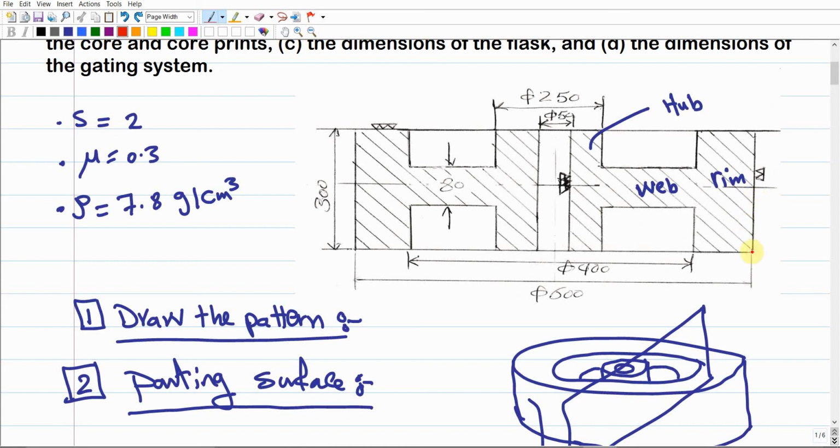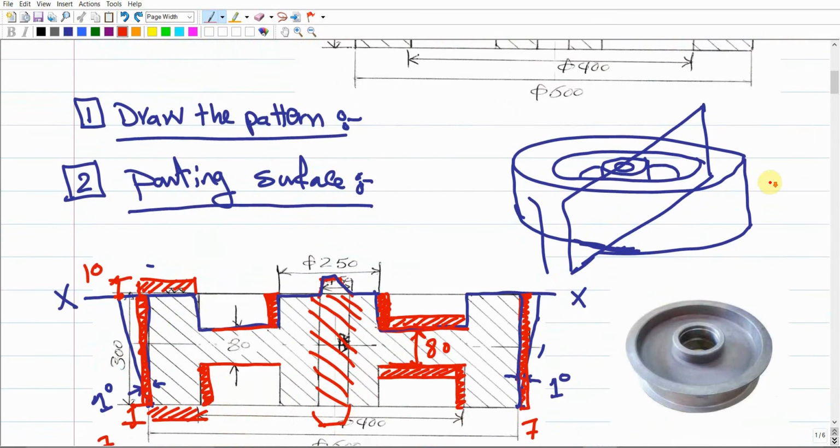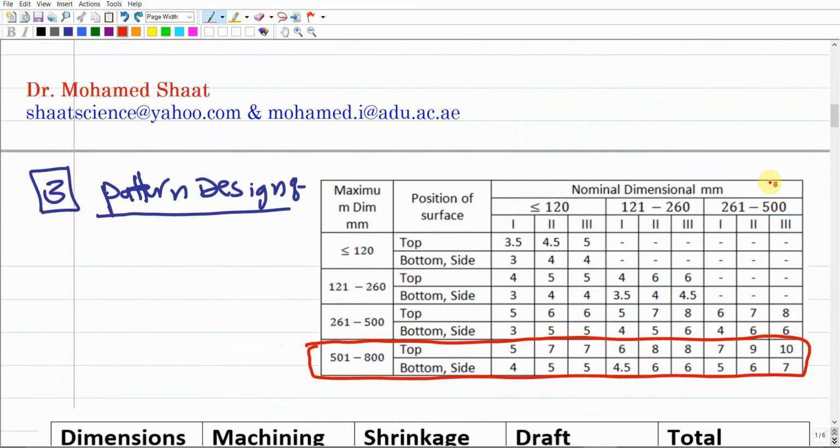So for the 600, it connects a side surface to another side surface, as we discussed before, but the grade of the machining is second grade. So going back to the table, for the 600 we're still going to use the same column, the same row, because this basically depends on the maximum dimension with the 600 that we located in the beginning. So the 600 will be located here.